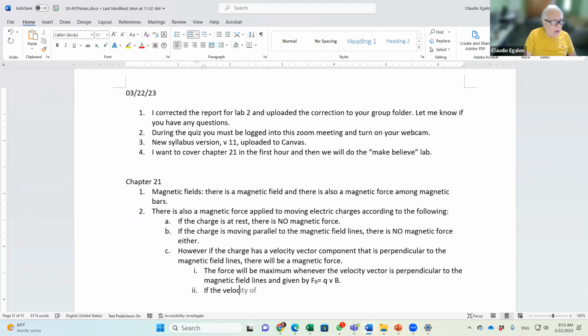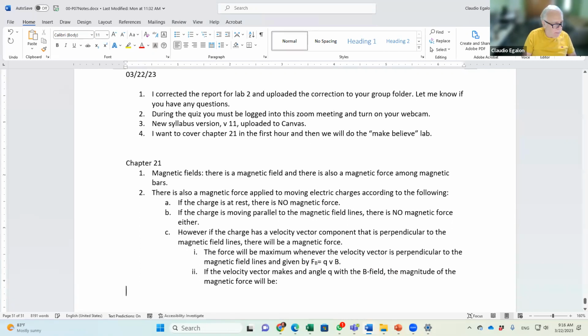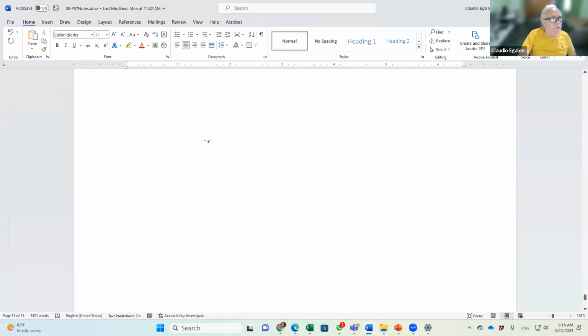If the velocity vector makes an angle theta with the magnetic field, with the B field, the magnitude of the magnetic force will be what?